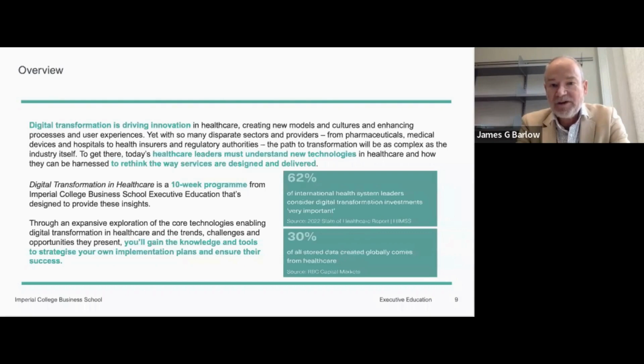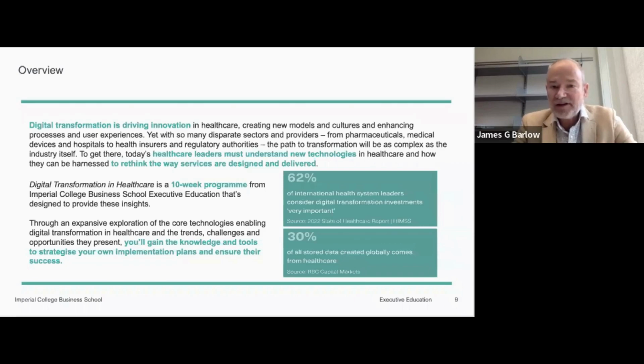And if you're interested in the future of healthcare, you need to understand digital health transformation. You need to understand the technologies that are involved, how they can be harnessed to rethink the way services are designed and delivered. But the problem, I think, is that digital transformation is immensely complex. It means different things to different people, and you'll find that solutions that work in one healthcare system may not be transportable directly to another.